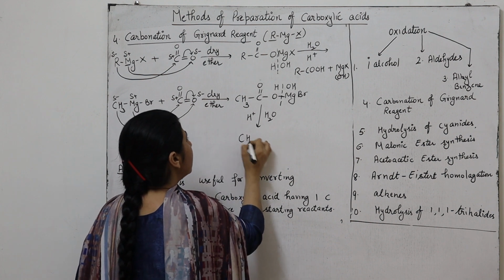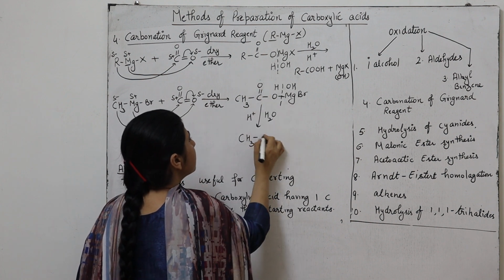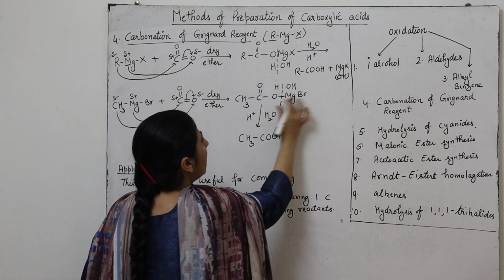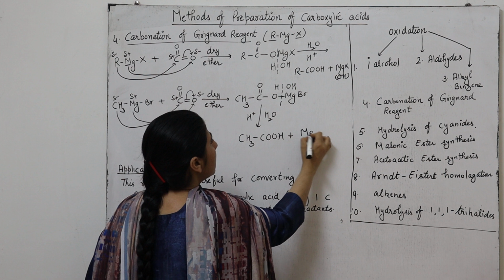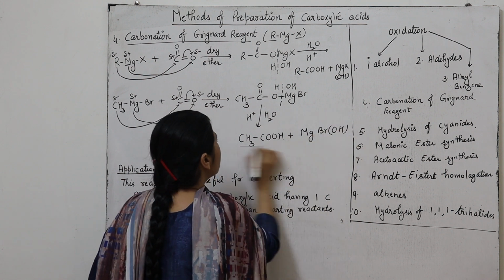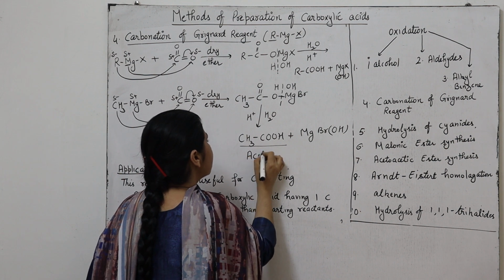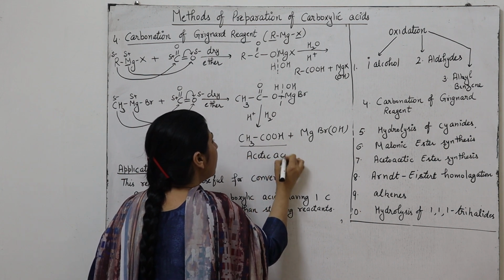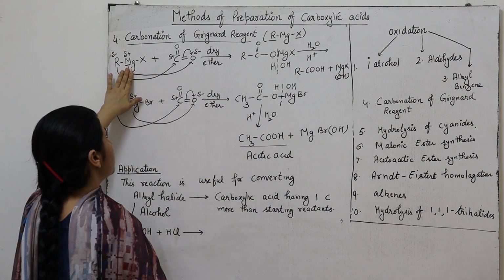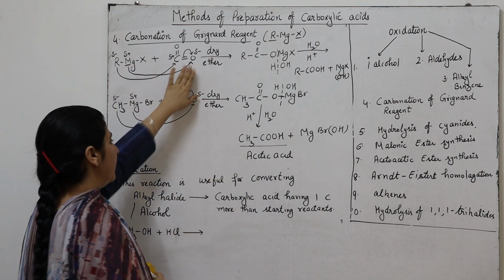So we get CH3COOH along with the formation of Mg, Br, and OH. This is known as acetic acid. In this way, we form the carboxylic acid from Grignard reagent by reacting with carbon dioxide.